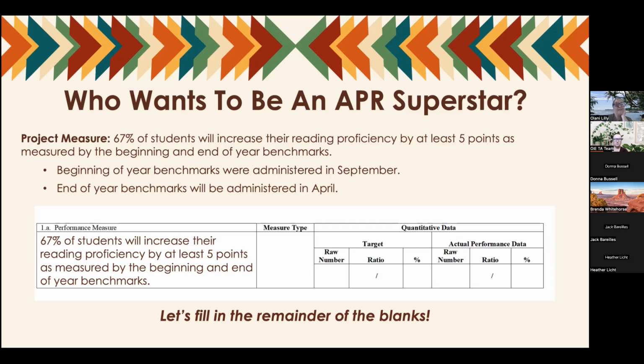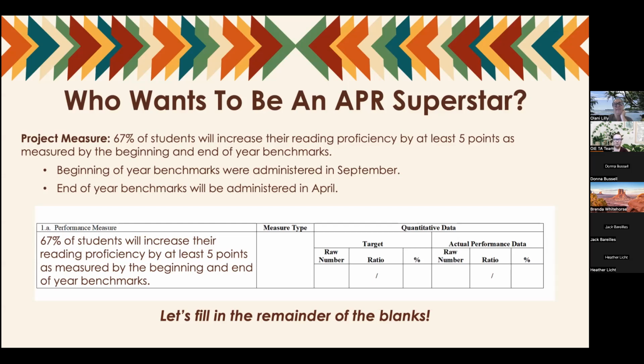All right. So let's go ahead and look at how we would be filling this out. Again, we have our performance measure there. What goes in the measure type box? Again, it doesn't look familiar to our GPRA, so it would be a project measure.